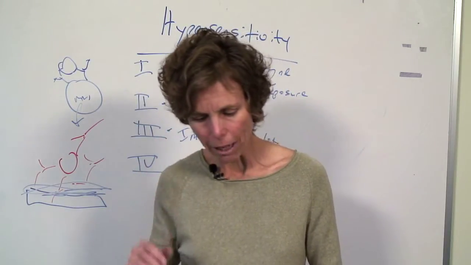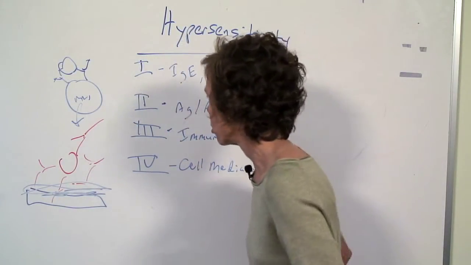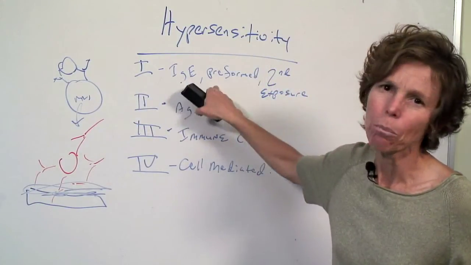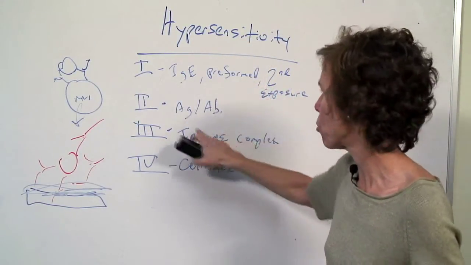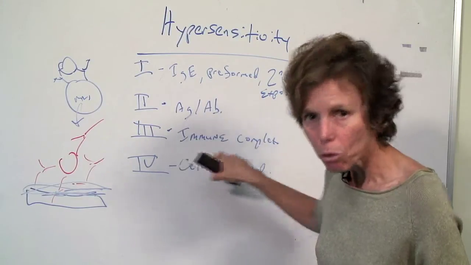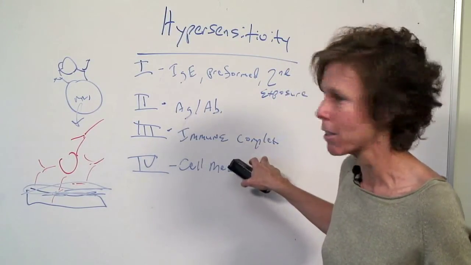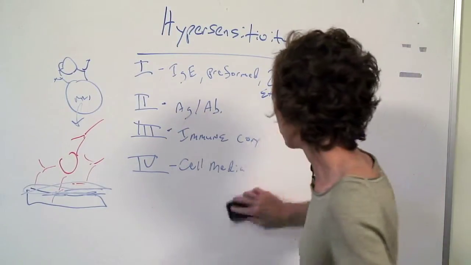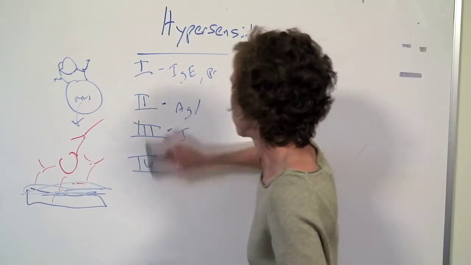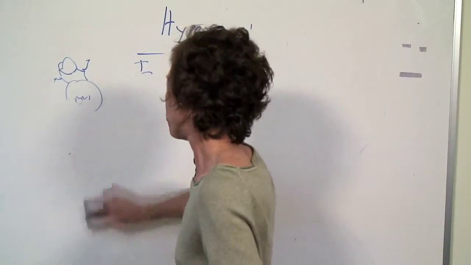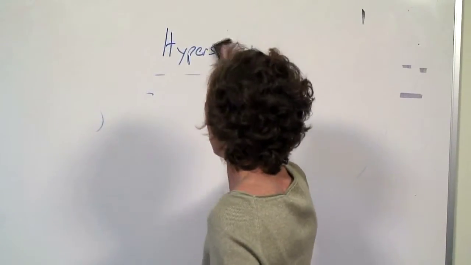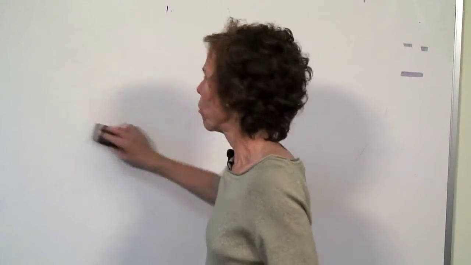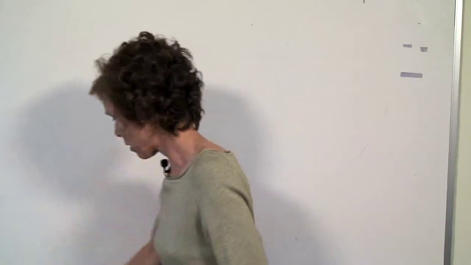So keep these in the back of your mind as we go through the questions. And the buzz phrases: IgE, preformed, second exposure, antigen antibody, immune complex, vasculitis, cell-mediated. Okay, so keep those in mind. If you wear some cheap jewelry and you get little welts around your fingers or your earrings, that's also a form of type 4 hypersensitivity. Nickel is famous for that.